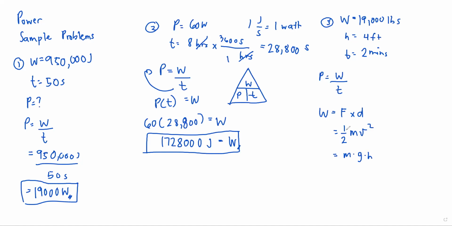So, mamili lang kayo kung anong formula for work natin. And technically, weight is equal to mass times acceleration due to gravity. Then technically, work is equal to weight multiplied by height.